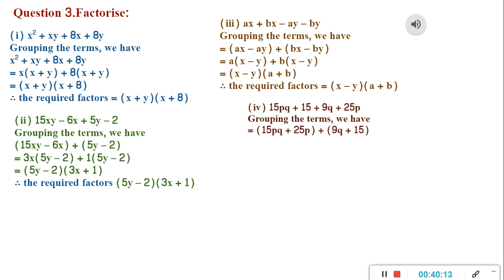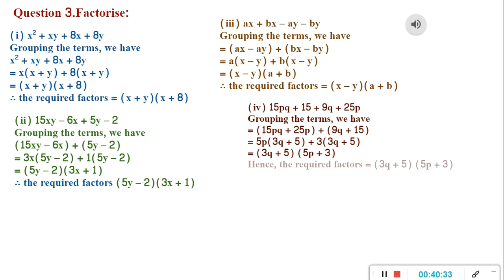Now we get 5p as common and 3q plus 5 left inside in the first group. In the second group, 3 is common and 3q plus 5 remains inside. So 3q plus 5 is again common, and we take it out. Then the remaining is 5p plus 3. So the required factors are 3q plus 5 into 5p plus 3.